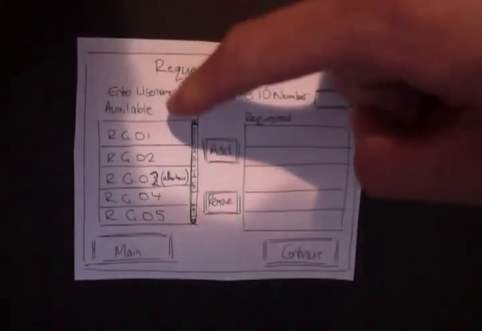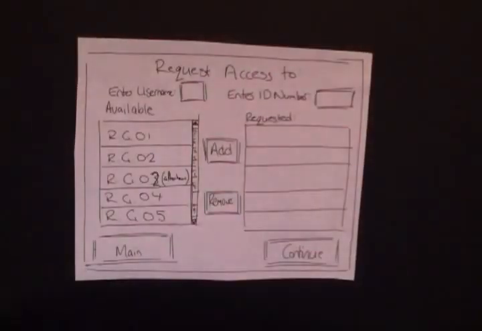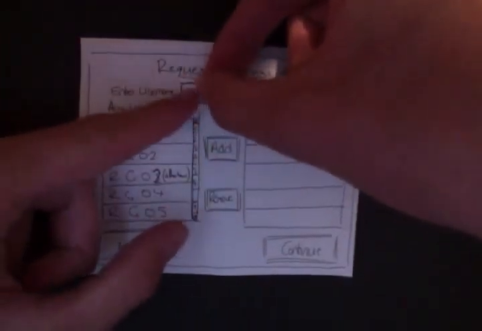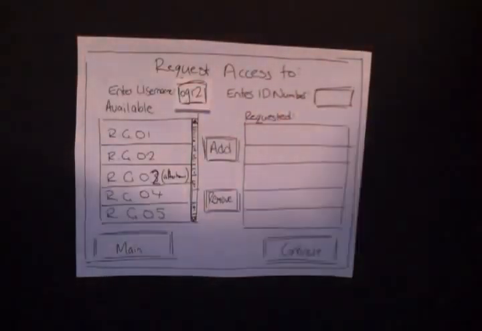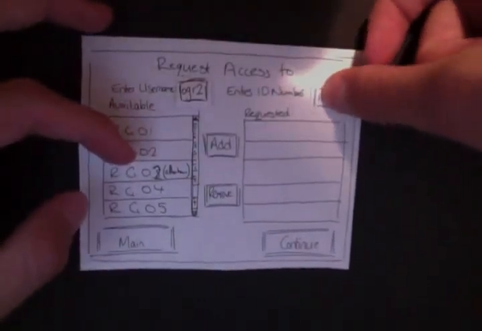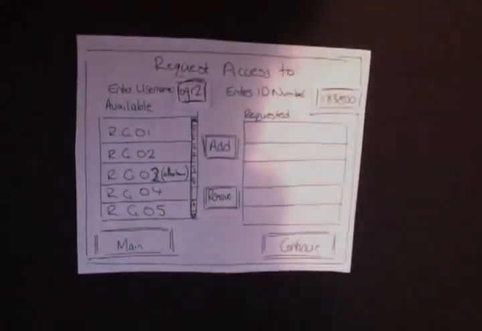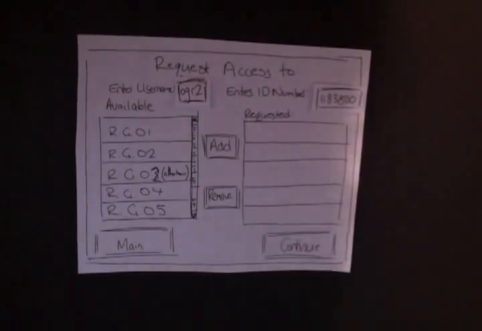Tim's then going to chuck in his username by clicking that, entering in his username there, as well as his ID number. Here that is. Okay, then on the left hand side is a list box with the available classes he can choose from.